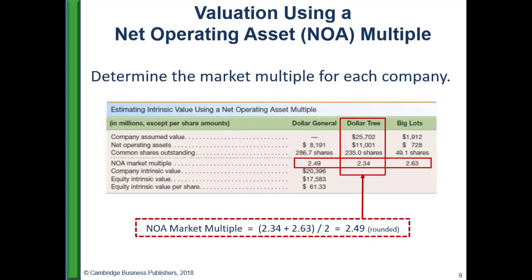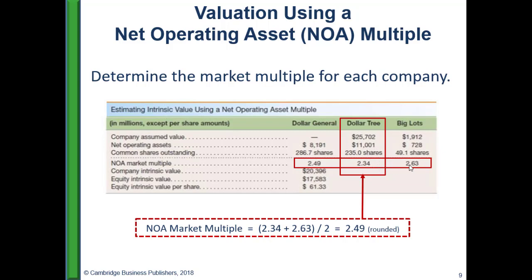To calculate the net operating asset market multiple, we would take the company assumed value based on the stock market value plus the value of the liabilities, and we would divide by the amount of net operating assets, 11,001, and we get a market multiple of $2.34.